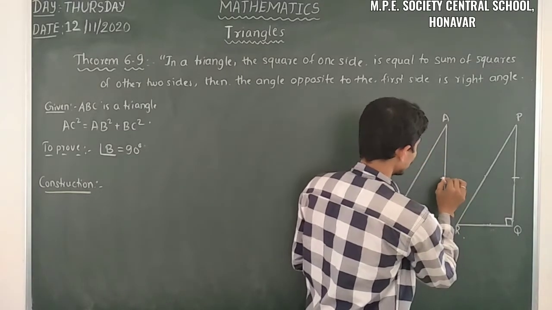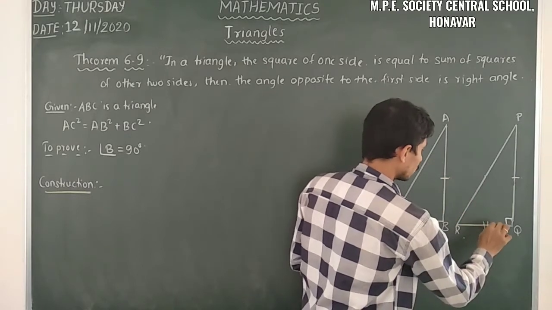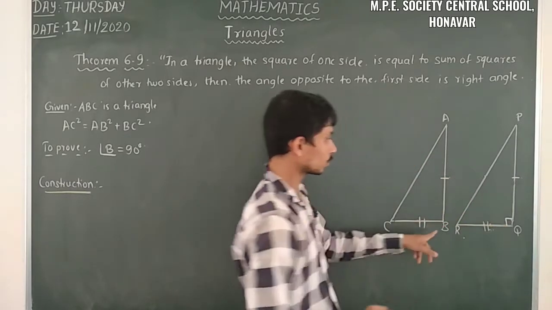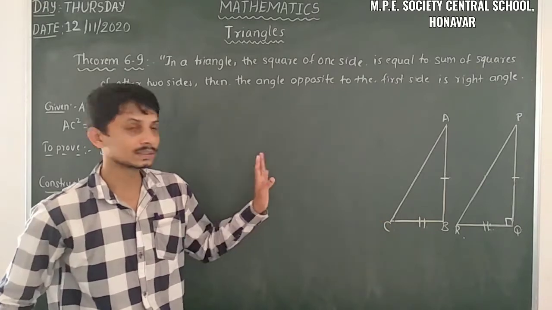PQ is equal to AB and QR is equal to BC. Those two things we have to consider here.